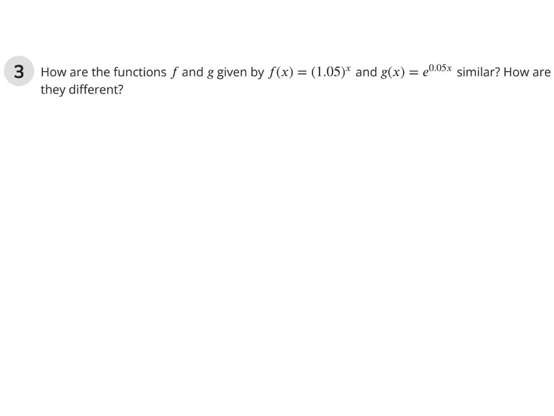Okay, so here's the difference between them. They have similar growth rates. The percentage is the same, because remember, this one is 100%. You subtract it out and you're left with the 0.05. This is discrete growth, so it grows only at given times. This is continuous. It grows all the time.